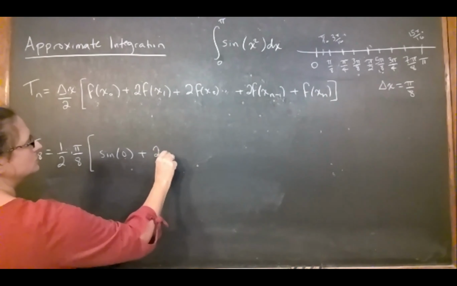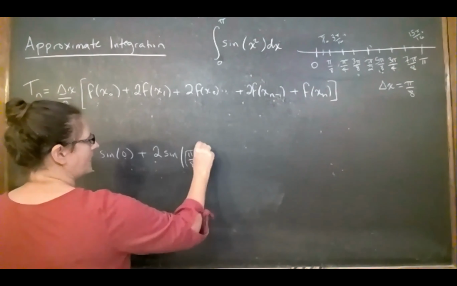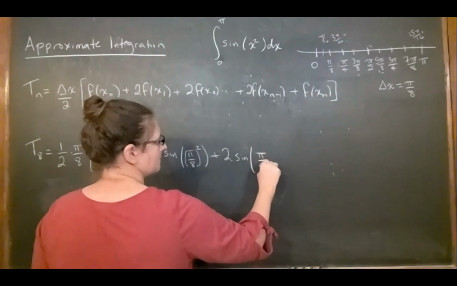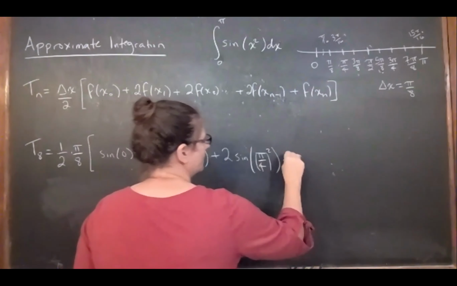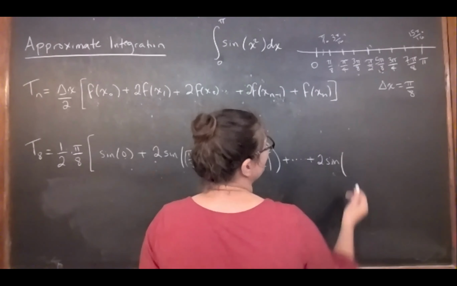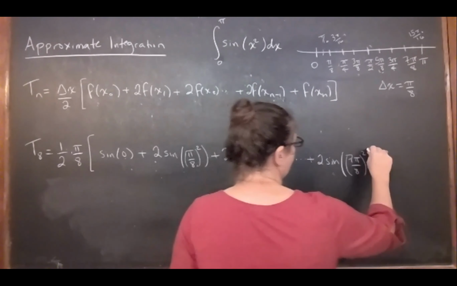And then I've got 2 sine of pi over 8 squared and 2 sine of pi over 4 squared, all the way to the last one, which would be sine of 7 pi over 8 squared.